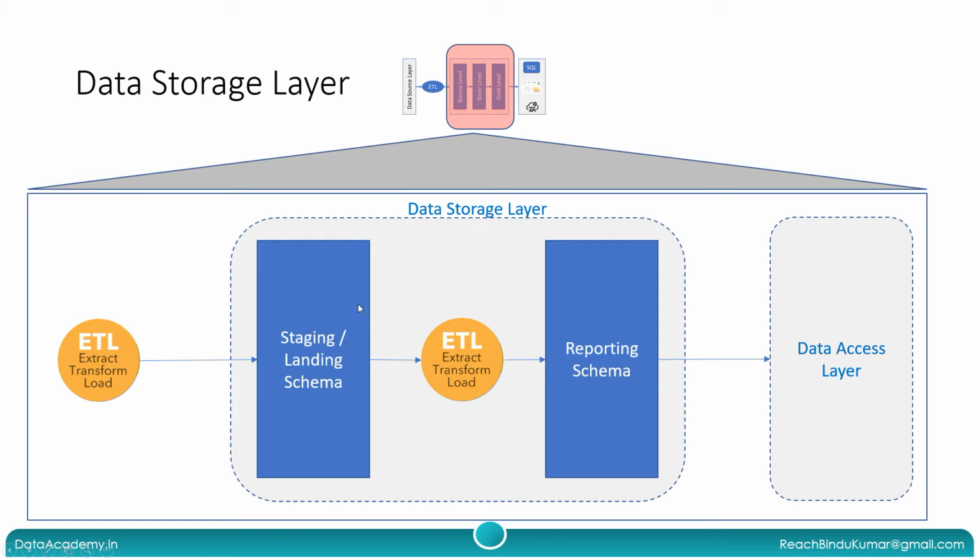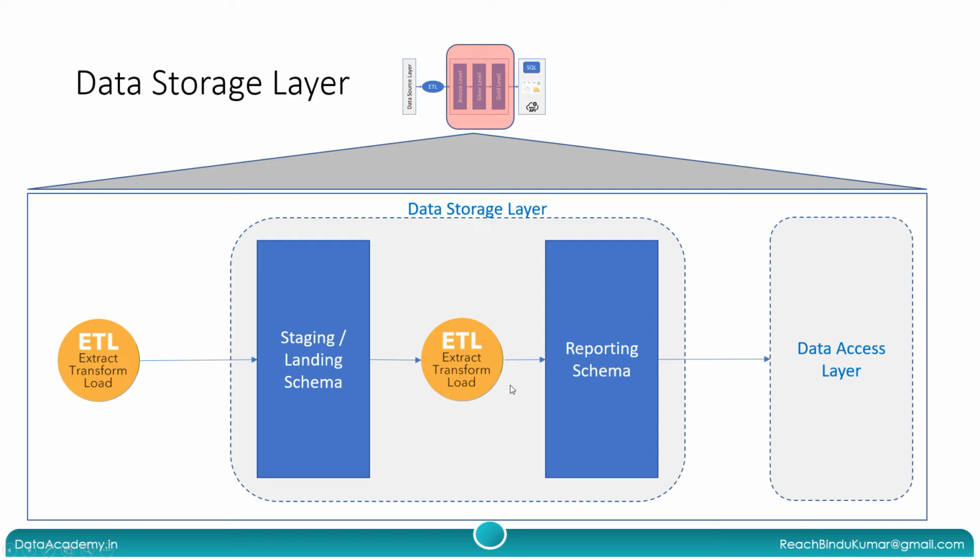So the difference is that staging is data that you collect as is, also referred to as raw or unprocessed data, and reporting is the data that is modified to make it suitable for data access, right? There are certain things that you're doing to the data to make it easier for the user to consume it.